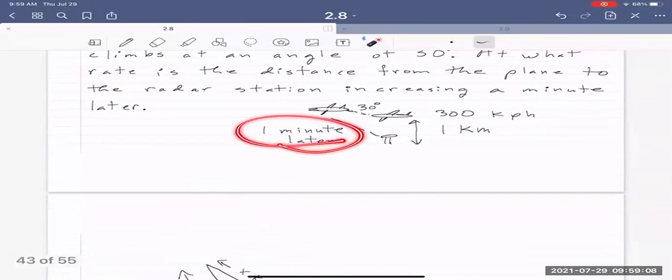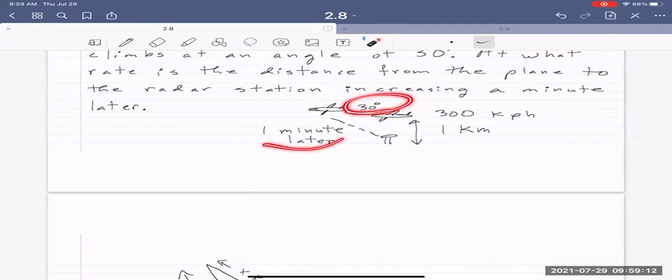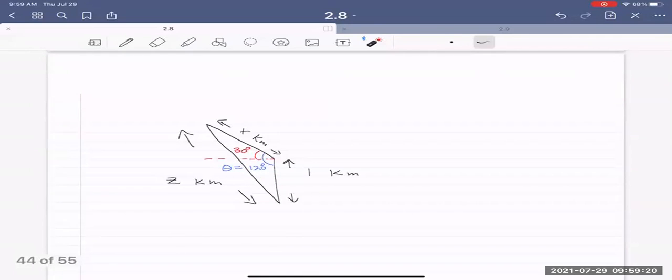After 1 minute. Oh, how horrible. They've got degrees and they have minutes and they have hours. So I have to convert a few things. So if this is 30 degrees, since this angle here is a right angle, 30 plus 90 is 120.